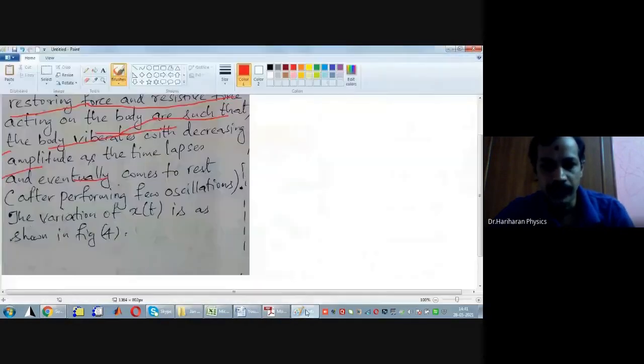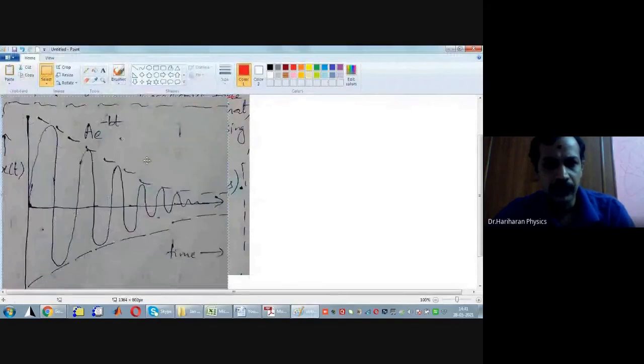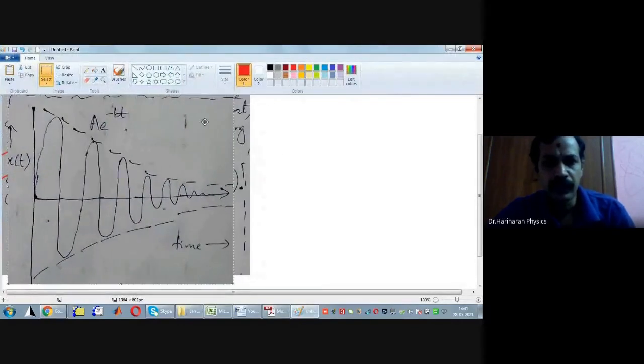Okay, so let me paste it in the same place. Can you see here? What happens to the amplitude? The body vibrates. Can you see? The body is vibrating. And what happens to its amplitude?